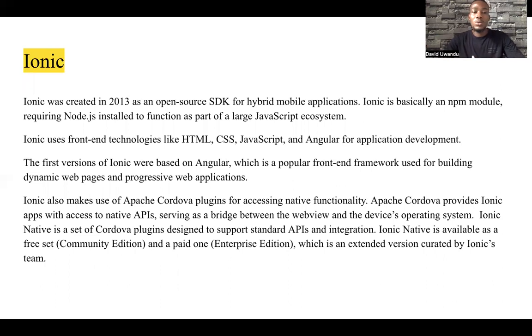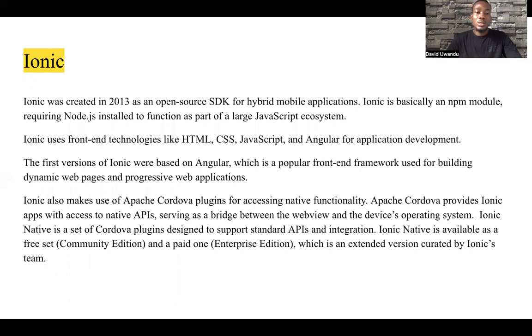Now, Ionic also makes use of Apache Cordova plugins for accessing native functionality. Apache Cordova provides Ionic apps with access to native APIs, serving as a bridge between the web view and the device operating system. So Apache Cordova is like a link between Ionic and the device OS.